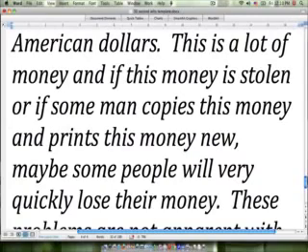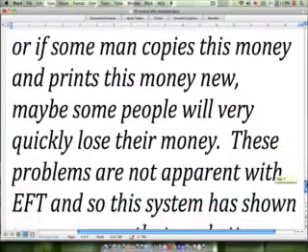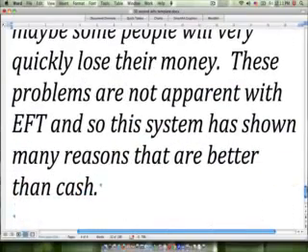This is a lot of money, and if this money is stolen, or if some man copies this money and prints this money new, maybe some people will very quickly lose their money. These problems are not apparent with EFT, and so this system has shown many reasons that are better than cash.